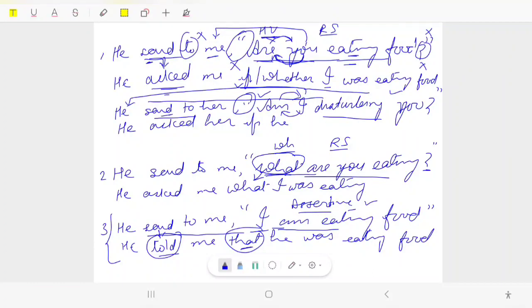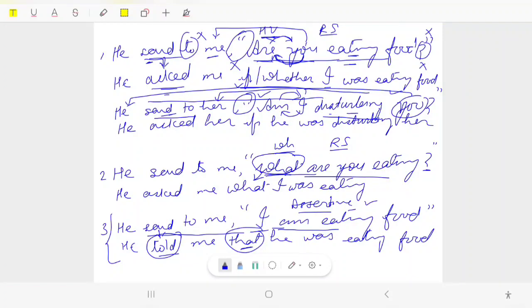RV is in past tense, so the tense will be changed. Is, am, are become was, were. So, if he was disturbing. You is second person pronoun according to the object, and it is coming after the verb, so it is object form. Object form of you is her. He asked her if he was disturbing her.